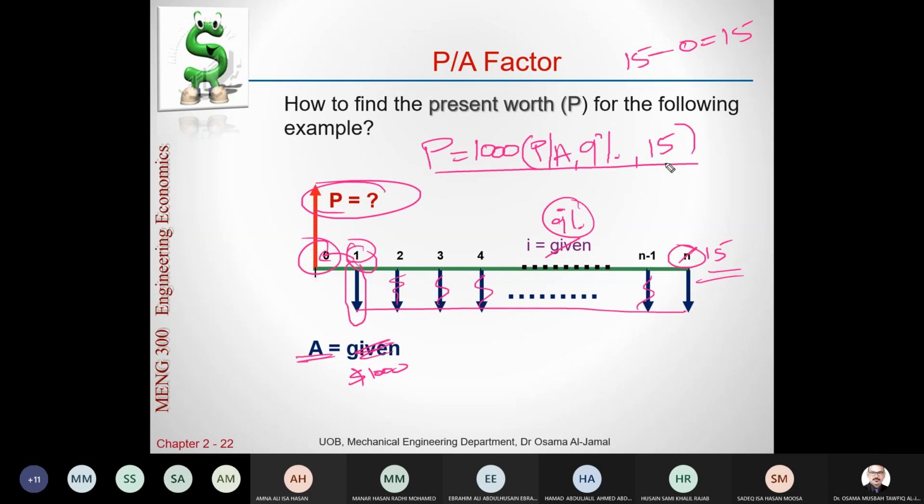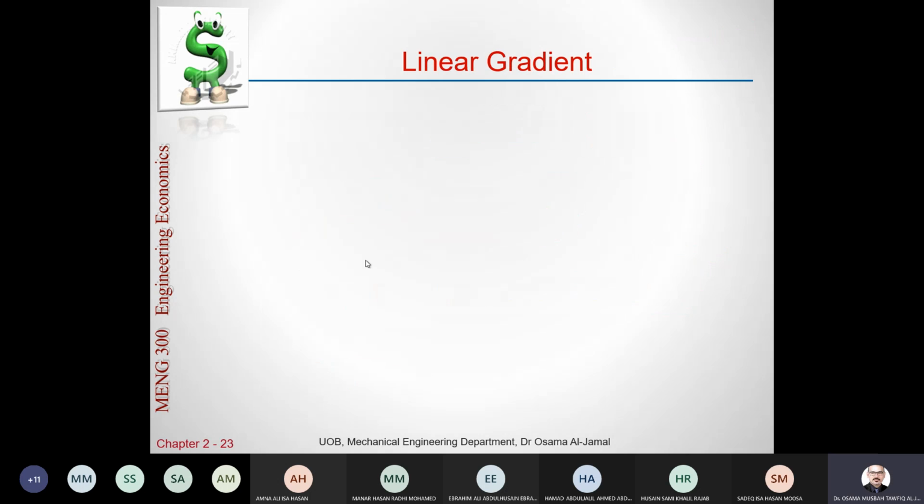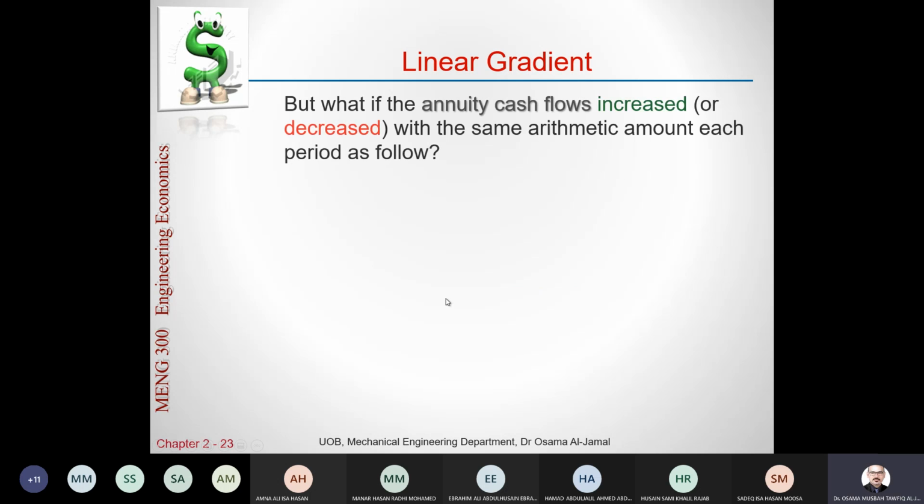Now, for the same annuity, what are we going to do now? We have an increase or increment. But what if the annuity cash flows increased or decreased? We cannot have both in the same cash flow, either increasing or decreasing.